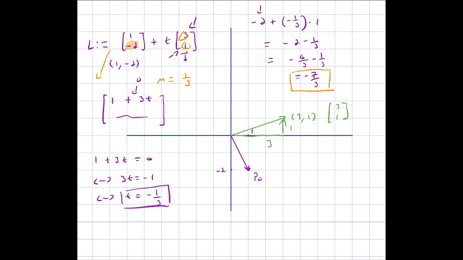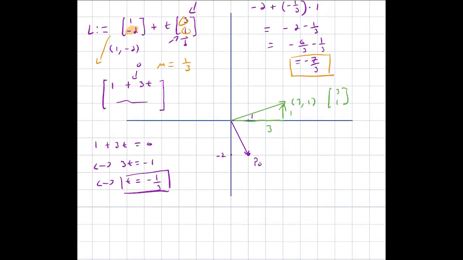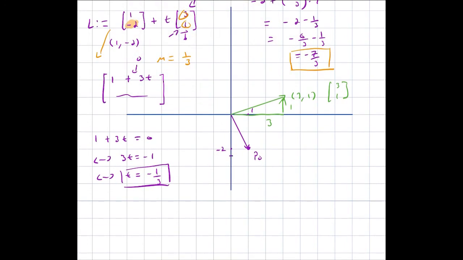So I'm going to try to plot this fairly roughly. Negative 7 over 3 is negative 6 over 3, which is negative 2, and then I'm going to go down by another third of the way. So this is roughly negative 7 over 3. This is my y-intercept. And then the slope is 1 over 3.